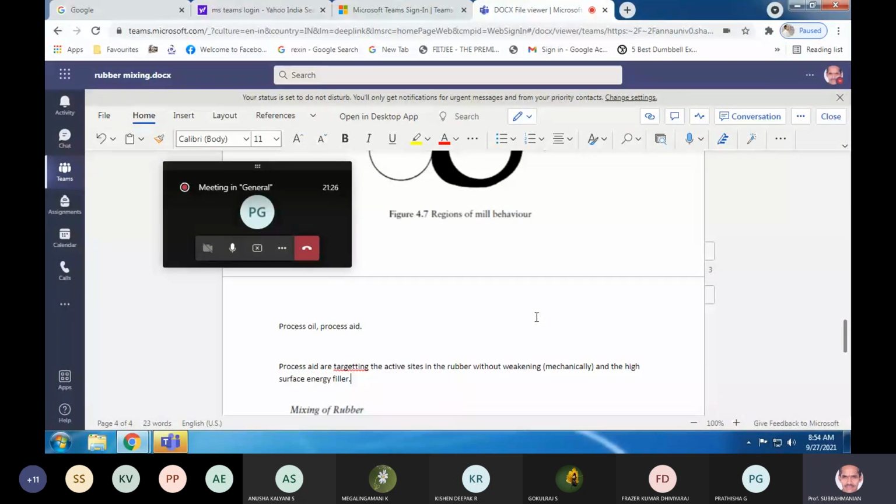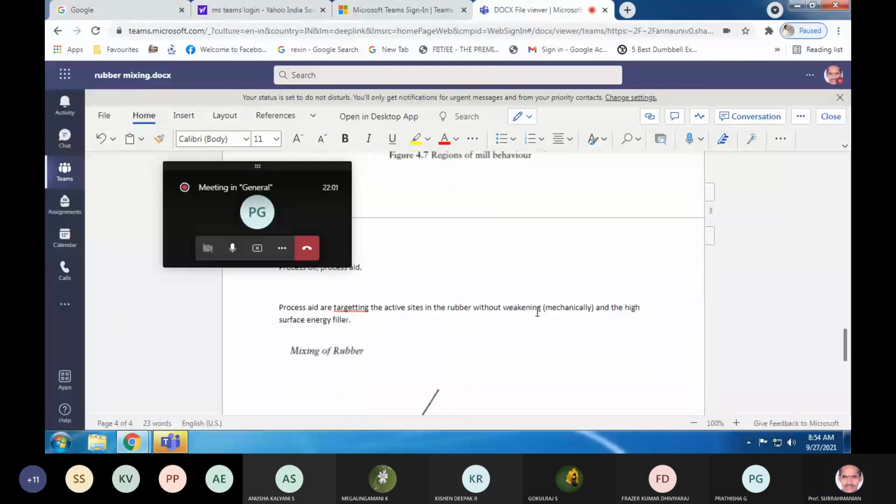The fillers are mostly carbon black, like N300, N200 and N100 series. You may not require it for N500, but some formulations contain it for N500. N700 you don't require at all because they are all coarser grades. So you must know this difference between process oil and process aid.